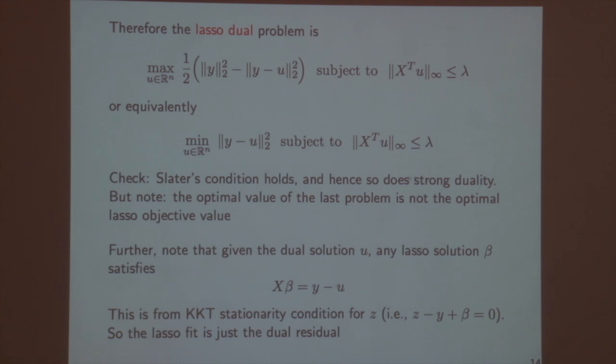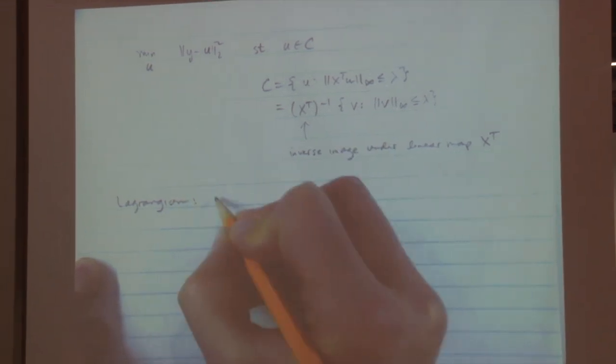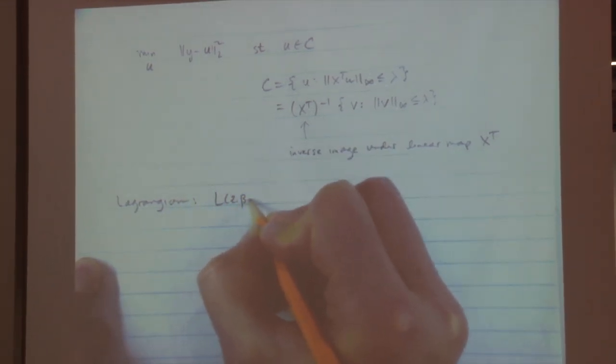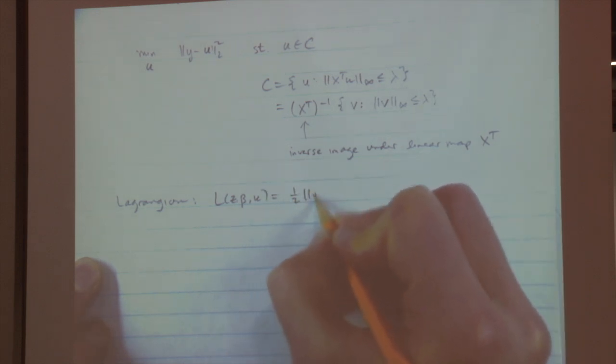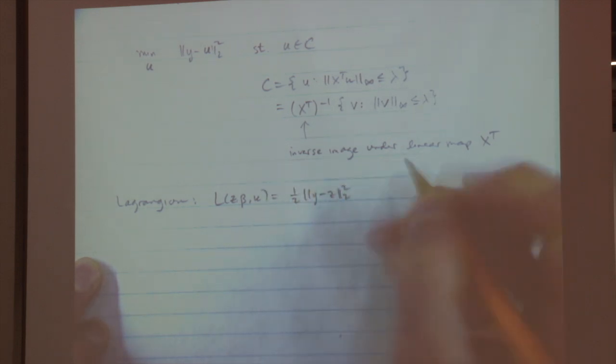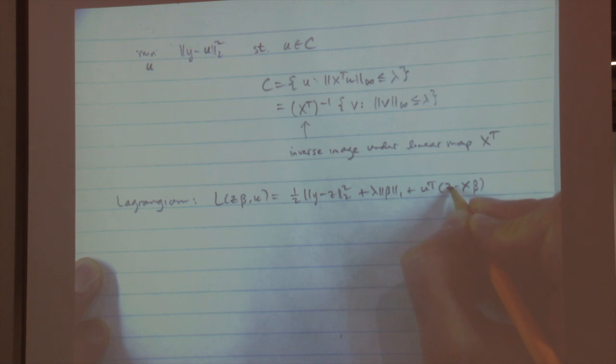Suppose we knew how to solve this, and we don't know how to solve the lasso. How could we get the lasso solution? Well, we go back to the Lagrangian. So let's write down the Lagrangian, which was L of z, beta, u equals 1/2 the norm of y minus z squared plus the L1 norm of beta plus u transpose (z minus x beta).